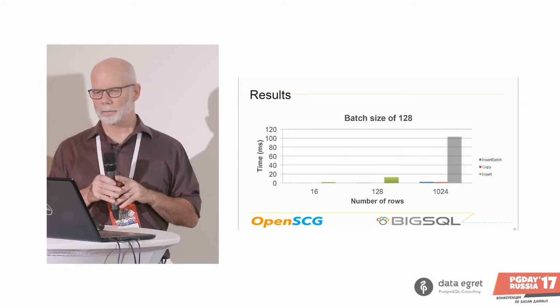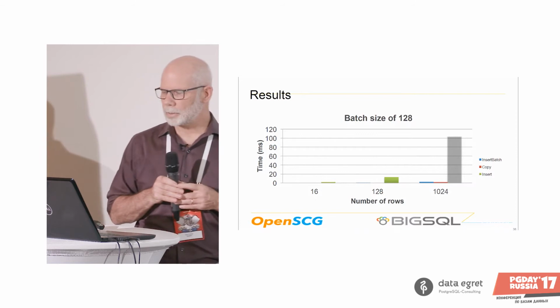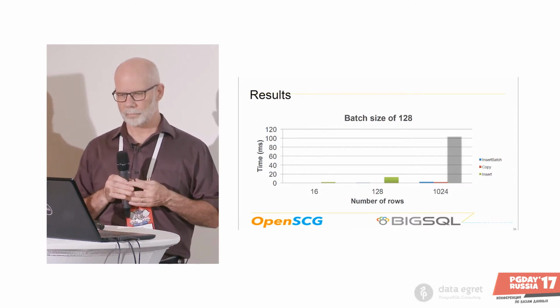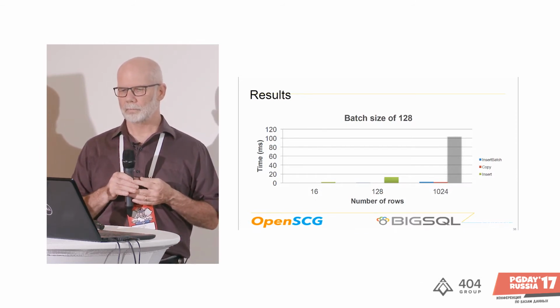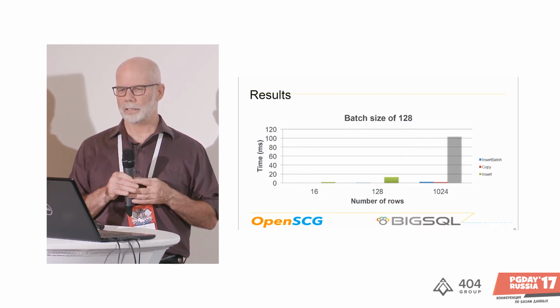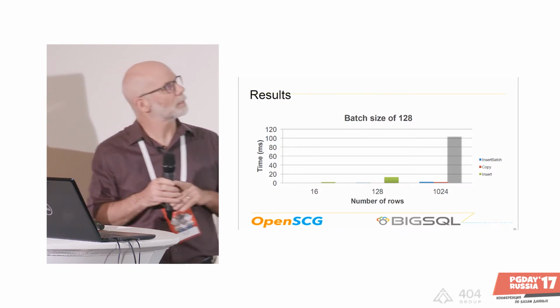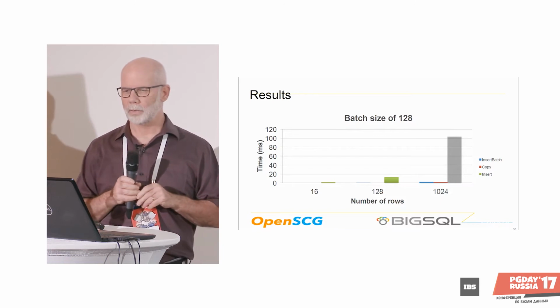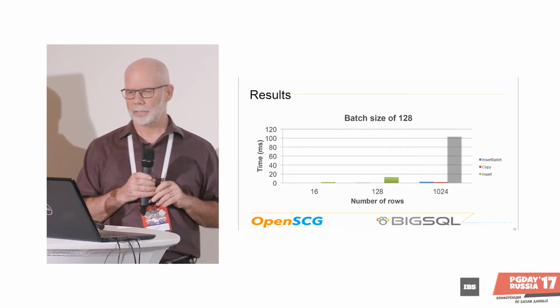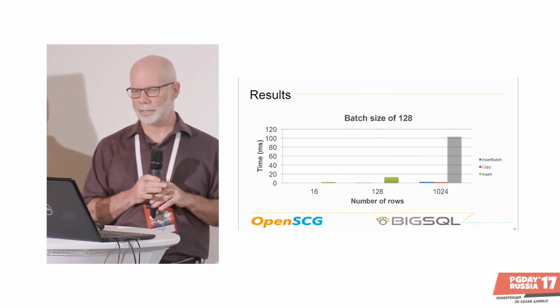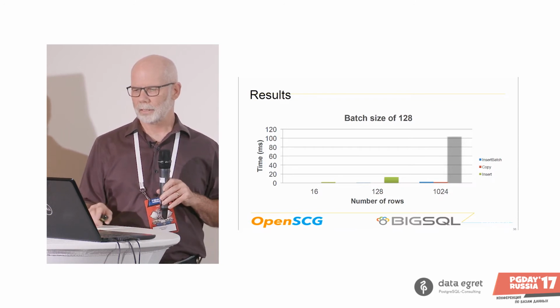Here's the results. So the slowest way is, actually, it doesn't look like the slowest way is right. Insert batch without using rewrite is the slowest mechanism. And then the next one is doing inserts, plain inserts, and copy.